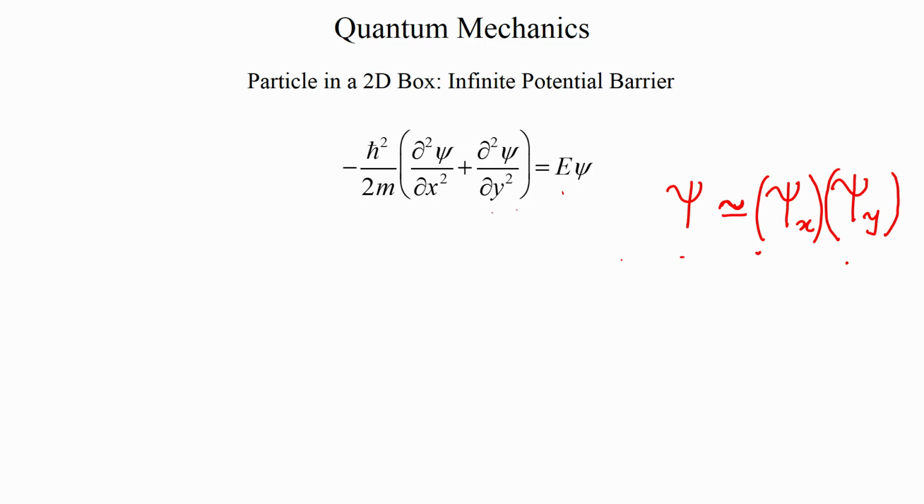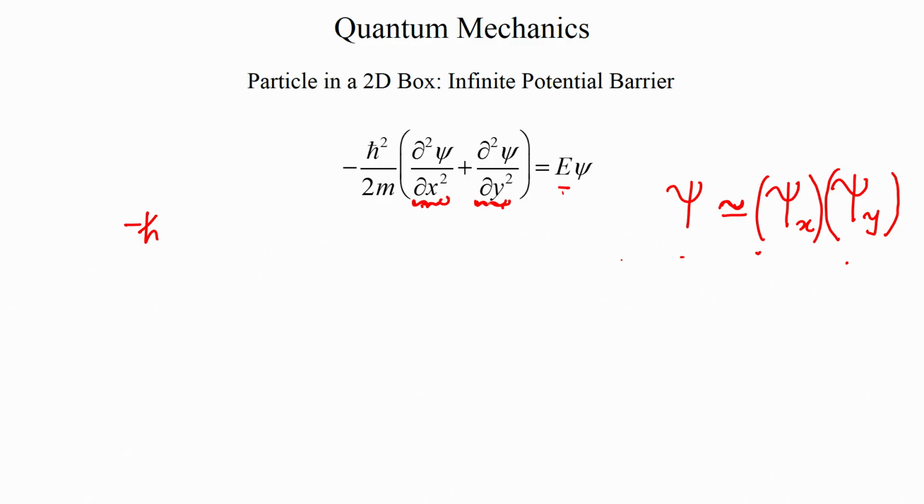Now my Schrodinger's equation has two terms, because you have to consider the momentum in the x direction and the momentum in the y direction, and that's my total energy. My potential is still 0. It's just the time independent Schrodinger's equation written out in the 2D case.